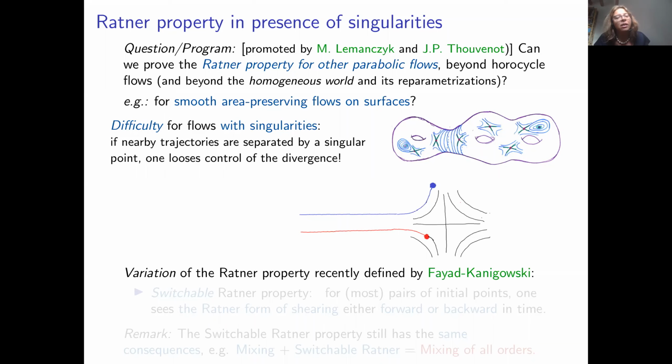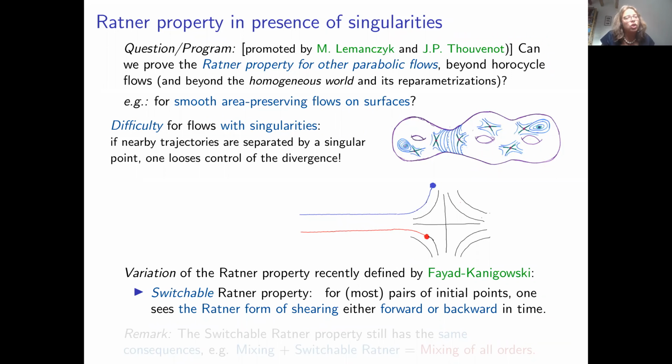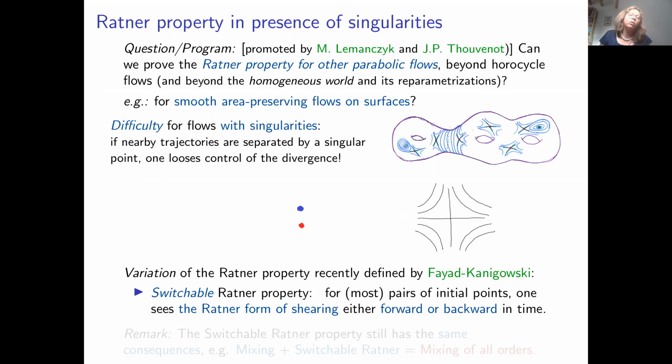But recently, Fayad and Kanigowski introduced a variation of the Ratner property that is called switchable Ratner. So essentially, if you are unlucky and you have two trajectories that in the future are split up by a saddle, you get a second chance and you can try to flow backward.